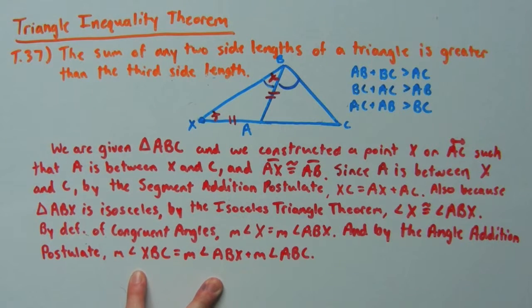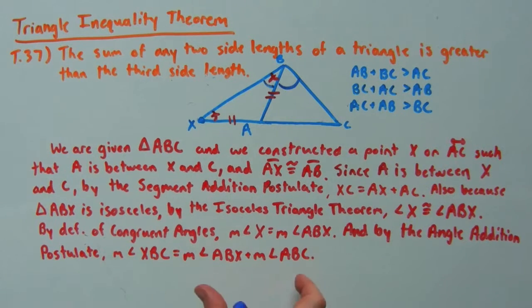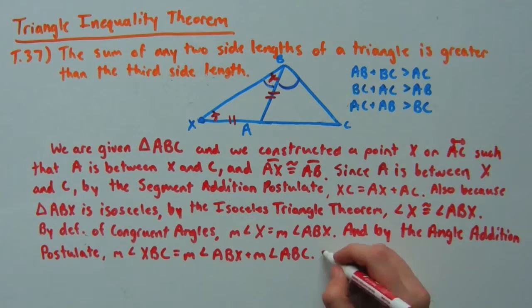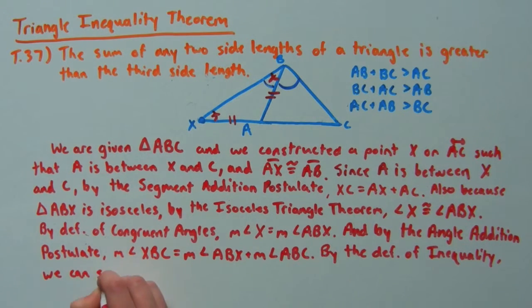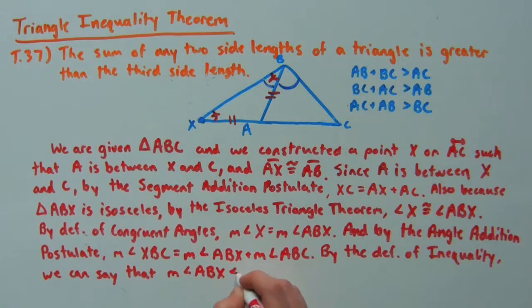Now that we have this equation, we can use the definition of inequality to say that one of these angles on the right is less than the angle that they sum up to be. By the definition of inequality, we can say that the measure of angle ABX is less than the measure of angle XBC.